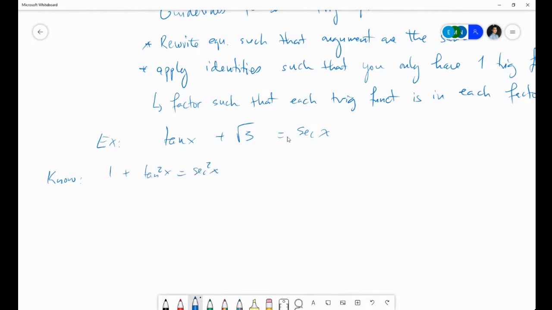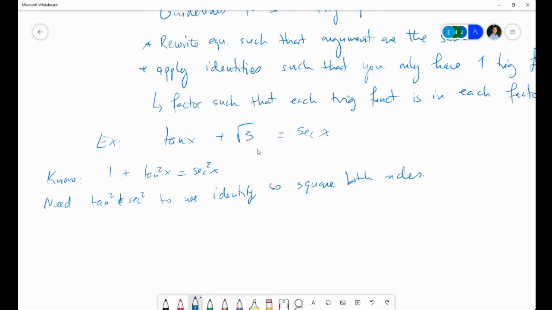That's the relationship between tan and secant. Now, I want to operate with tangent squared, so I need to square both sides. I need tangent squared and secant squared to use the identity. So square both sides.